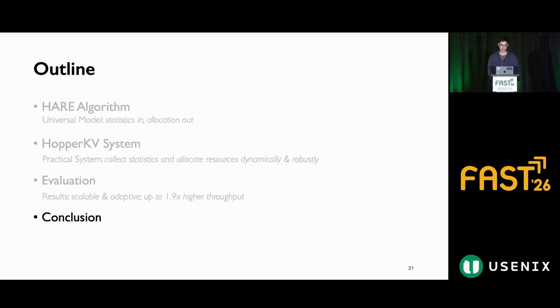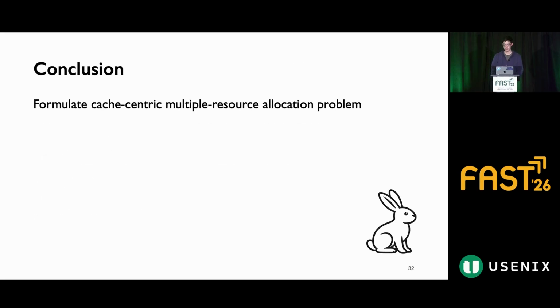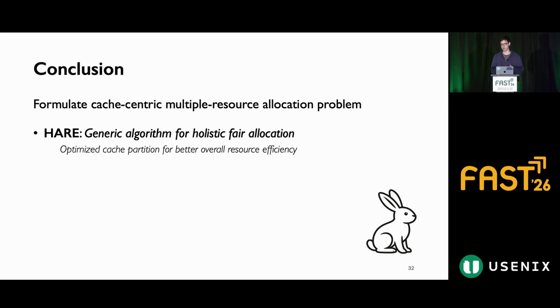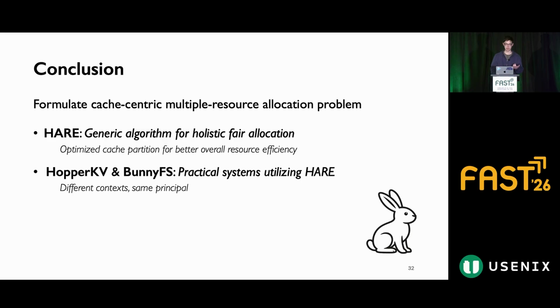So finally, let me conclude today's talk. In this work, we formulate a cache-centric multi-resource allocation problem. As a solution, we present HARE, a generic algorithm to holistically allocate cache and other cache-correlated resources. We built 2 systems as case studies, HopperKV and BunnyFS, to show the utility of HARE in practical systems.